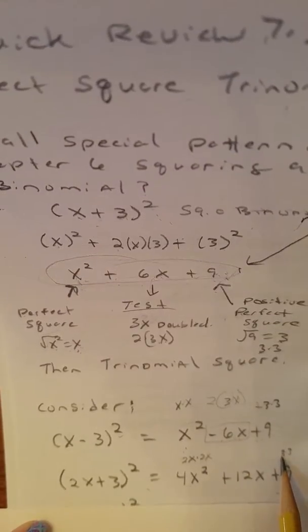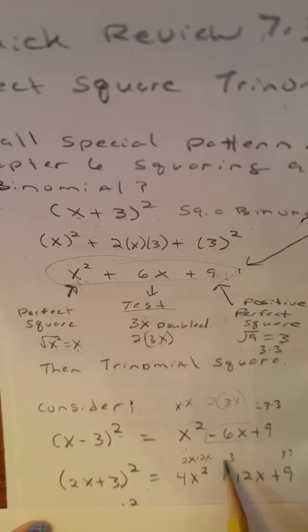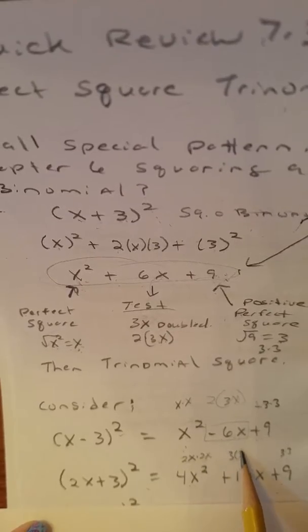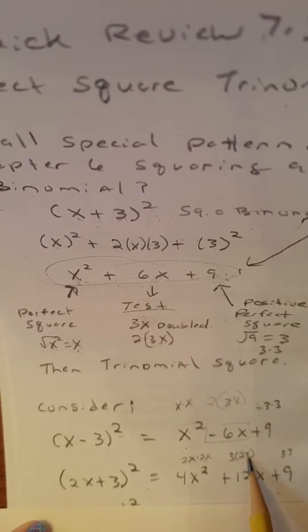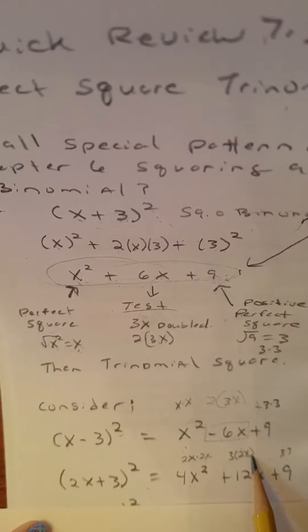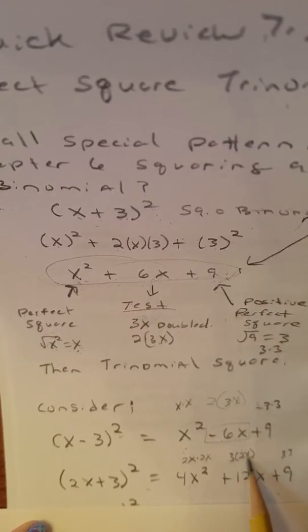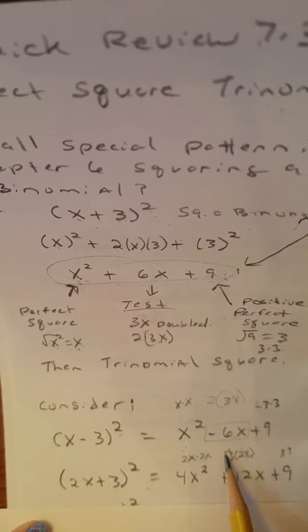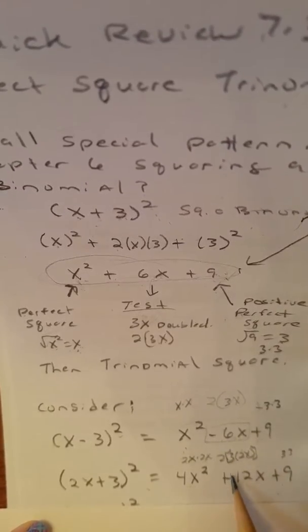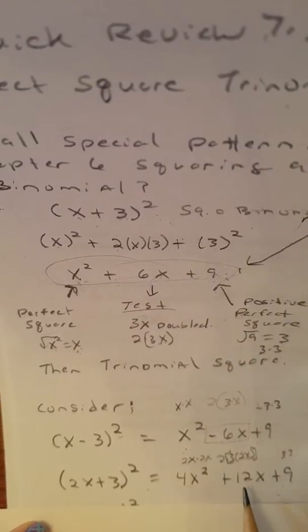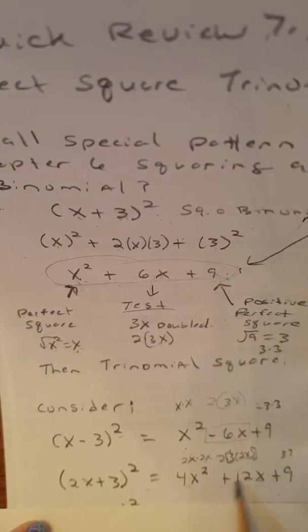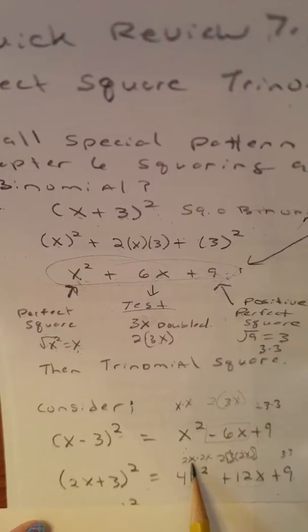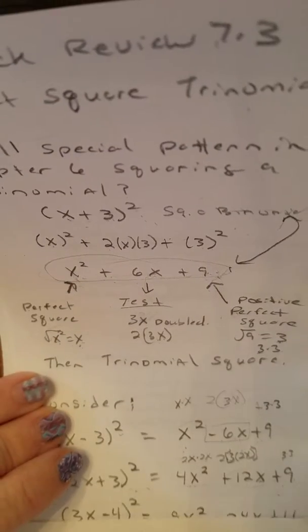If I take 3 times the 2x, I get 6x, but if I double that, I get 12x. So the middle term checks out. So you know this is a perfect square trinomial, and you can write it as 2x plus 3, squared, if you were to factor it.